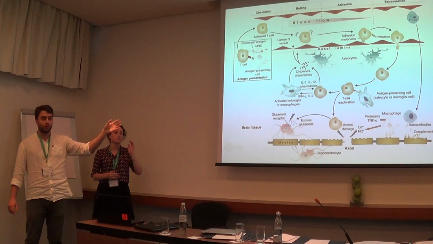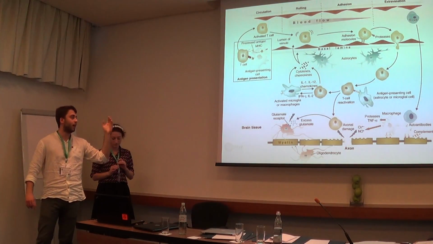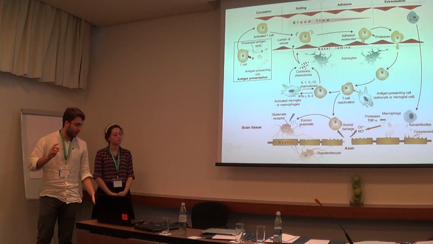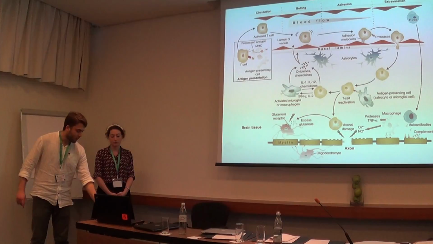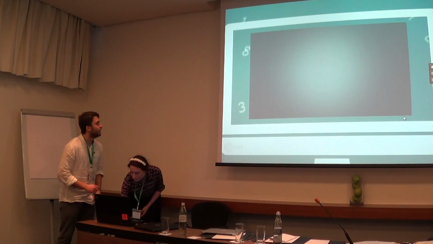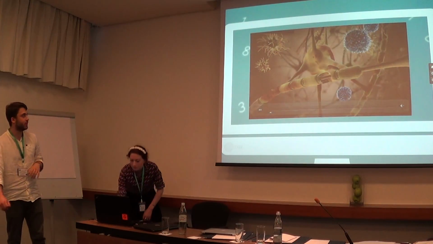Macrophages and microglia also produce proteases and other reactive oxygen species, which degrade myelin and destroy the neural tissue. Here's a little animation which sums up the pathogenesis of multiple sclerosis.